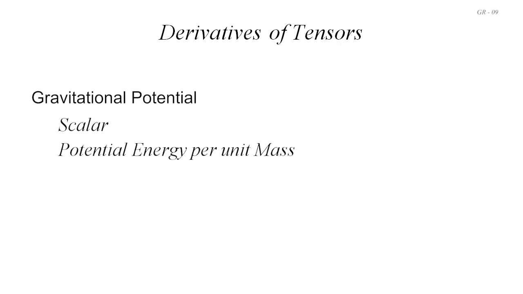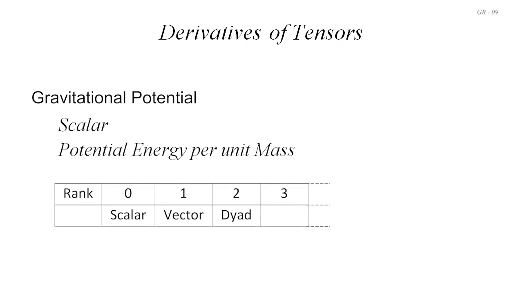Consider a scalar field throughout a three-dimensional space. Explicitly, let's take the gravitational potential of Newtonian gravitation that we discussed earlier in video 1. This is indeed a scalar, being the potential energy per unit mass at a point in the space. It therefore has no direction. By the strict definition, it is a tensor of rank 0.